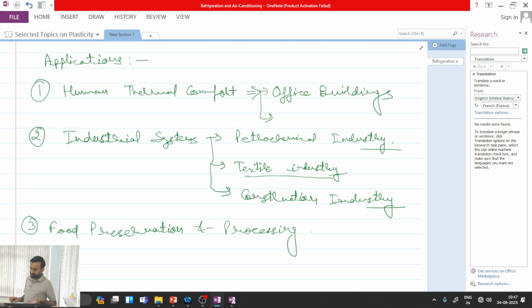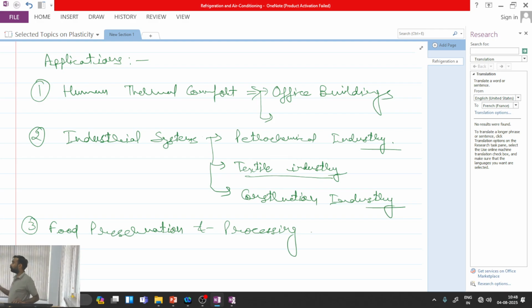One is processing of the food items, second is freezing of the food items, then third is transportation of the frozen food items. For example, if frozen food items are stored in Chandigarh, but you want to distribute them in the mandi, then you must have a vehicle which can take all these frozen items in the frozen state itself from Chandigarh to the mandi, and then in the mandi it should be stored in a store.